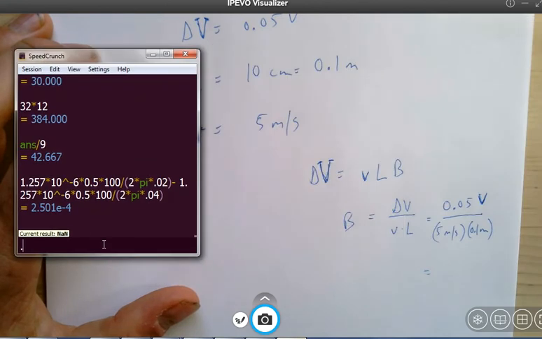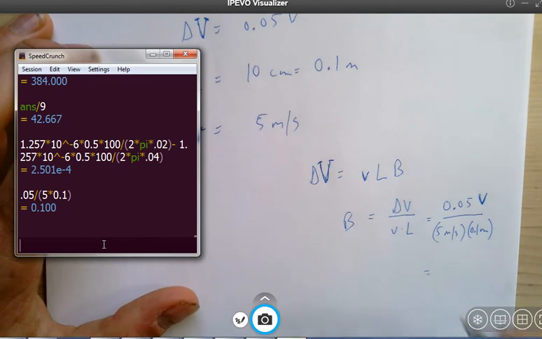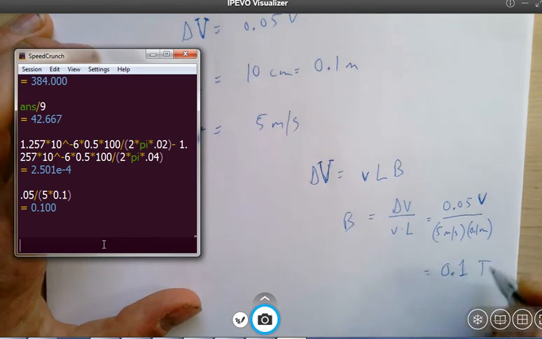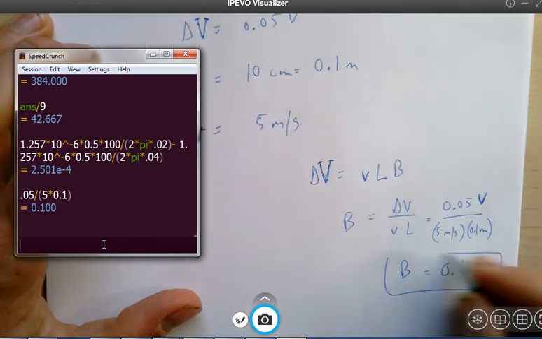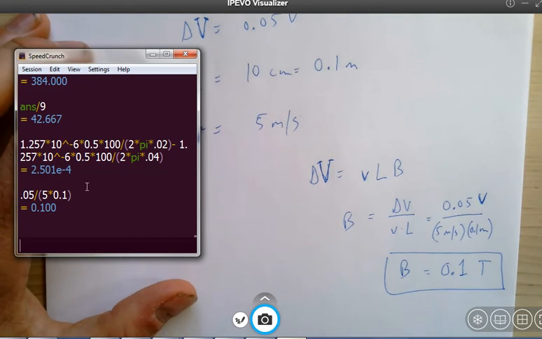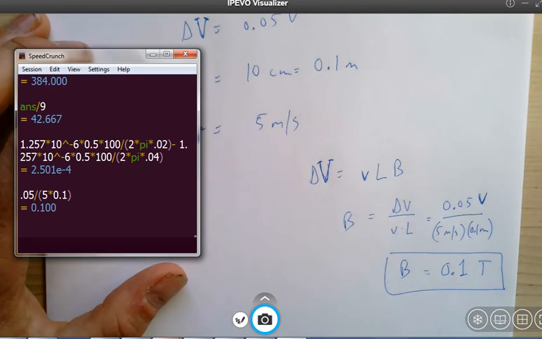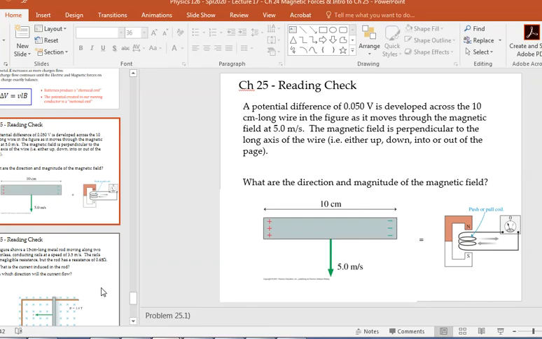And so if we do 0.05 divided by, and I'm going to use my parentheses here, 5 times 0.1, we're going to get 0.1, and the units is Teslas. And so that is the way that we can calculate the magnetic field strength that's associated with creating that kind of voltage difference. Now, is 0.05 volts a lot? Well, I mean, it's not very much compared with a usual battery, but it's certainly a measurable quantity.